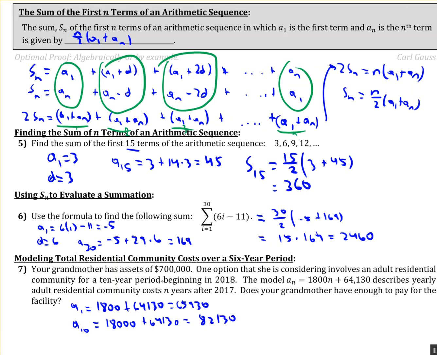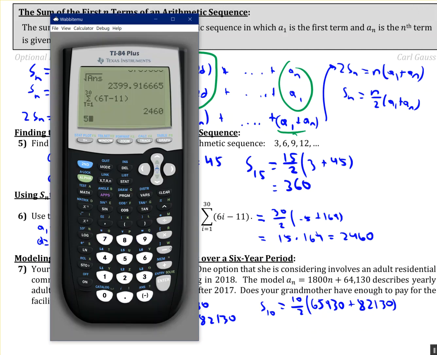So our sum of those 10 years is going to equal 10 over 2, right? n is 10, divided by 2, times A1 plus A10. So I end up basically with 5 times 65,930 plus 82,130. 740,000, so no, she does not.